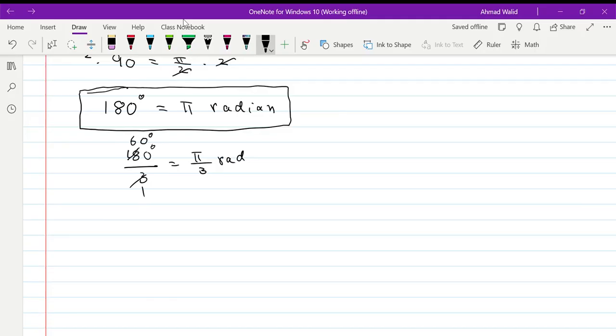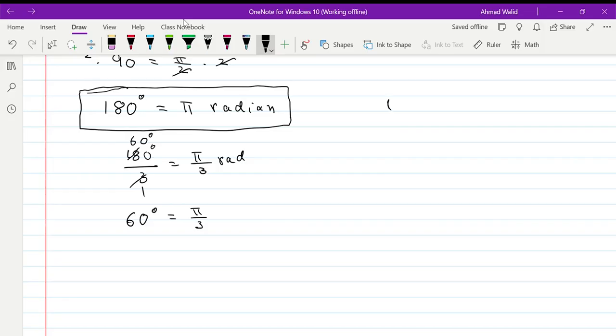It means your 60 degree is pi over 3, correct? If you divide both sides, for example, by another number, let's divide by 4.